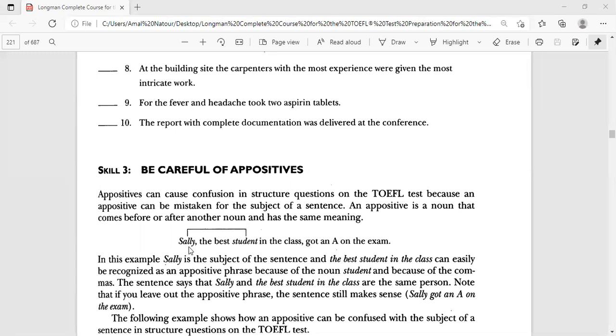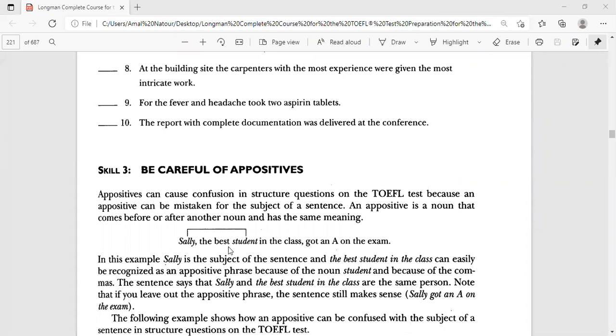When I say Sally, comma, the best student in the class, comma, got an A on the exam, then Sally is the subject, got is the verb. And what about the best student in the class? This is called an appositive. It gives me information about the subject, but it is not the subject.